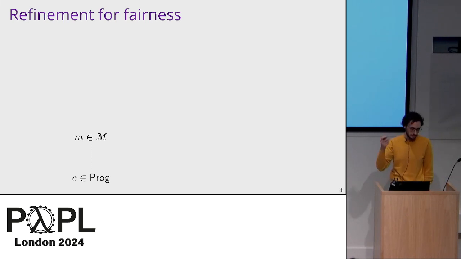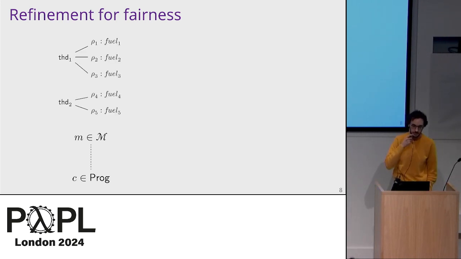Now this is not enough information for us, so we have to assume a bit more knowledge. So here we keep track of a correspondence between threads and the roles, which are the labels of the model. Each thread can have several roles, but each role has a single thread. And each role has a fuel, which is a natural number, so that it cannot decrease below 0.